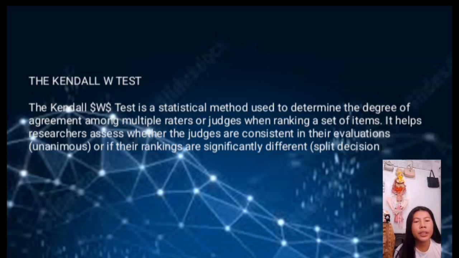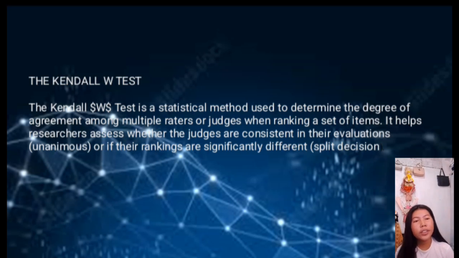It helps researchers assess whether the judges are consistent in their evaluation or if their rankings are significantly different, a split decision. Kendall's W is used to know if the judges or raters agree in their ranking. Like for example, in a contest, if they chose differently, there is no agreement, so the result is not reliable. But if their rankings are almost the same, the decisions are more reliable.